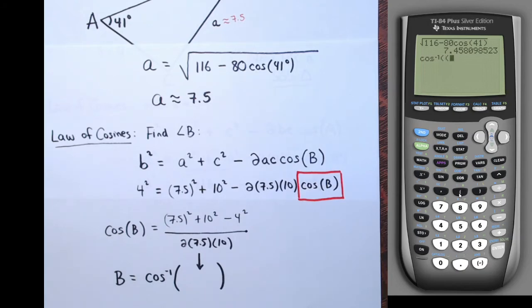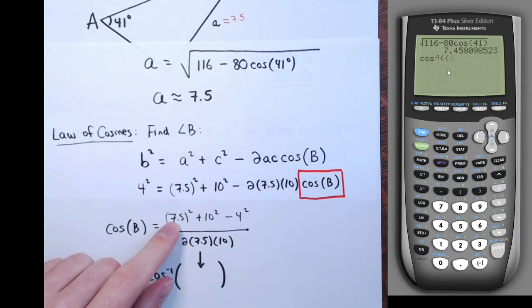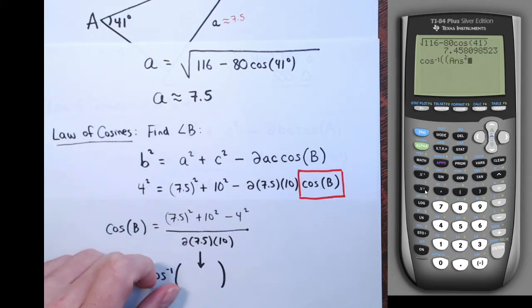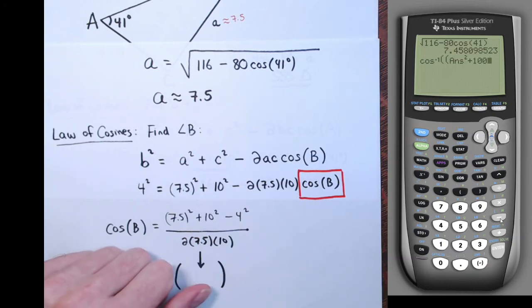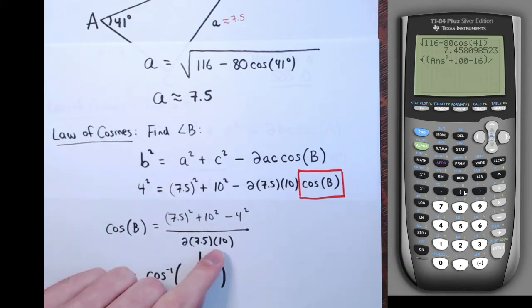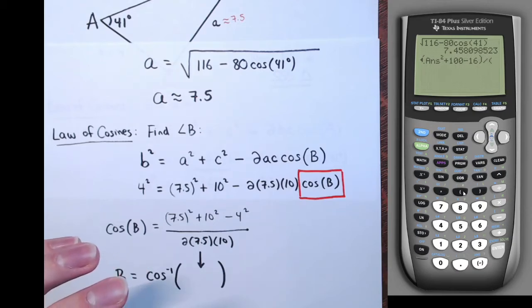So in parentheses, we have, now I'm not going to use 7.5. I'm going to use the previous answer, this 7.45, blah, blah, blah. So I'll go second answer, that number squared, plus 10 squared, so plus 100, minus 4 squared, so minus 16, close the parentheses on the numerator, then divide that by, and then I've got a product in the denominator. I'm going to put parentheses around that as well.